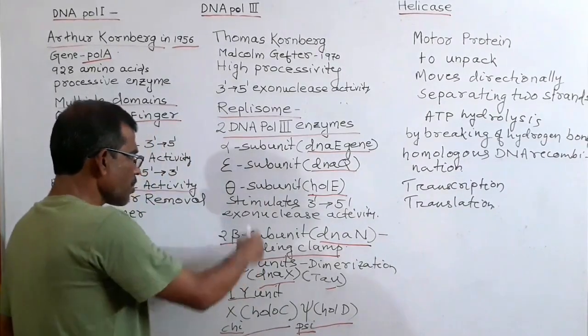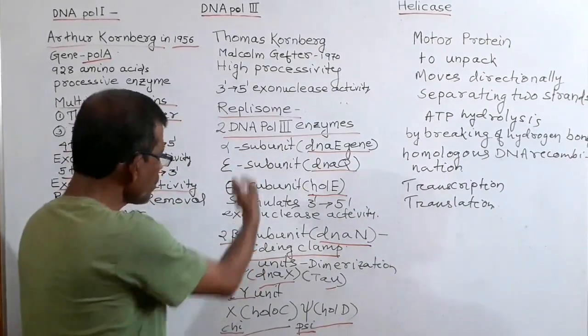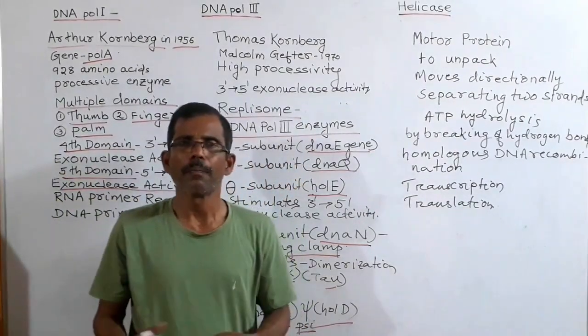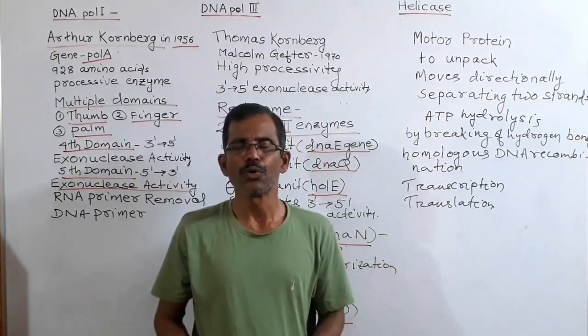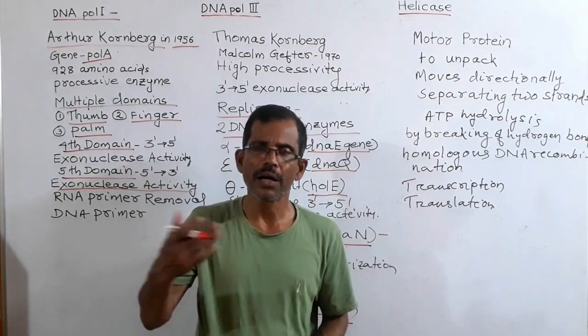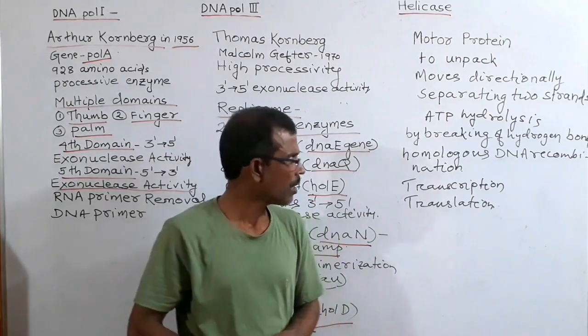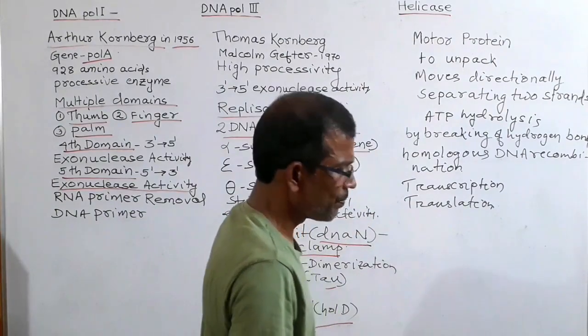So these are the various components that are present in the replisome. All these components work together during the process of DNA replication in order to copy a DNA molecule into an identical DNA molecule.